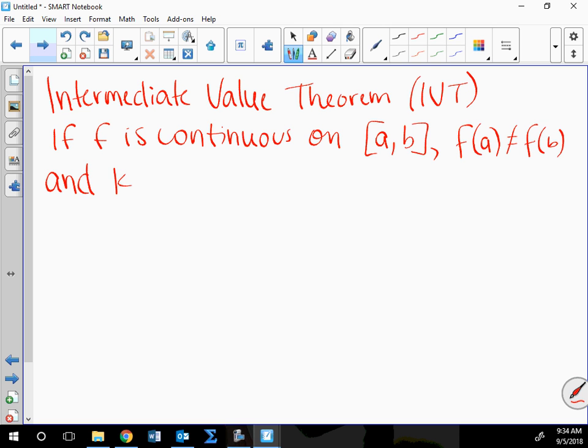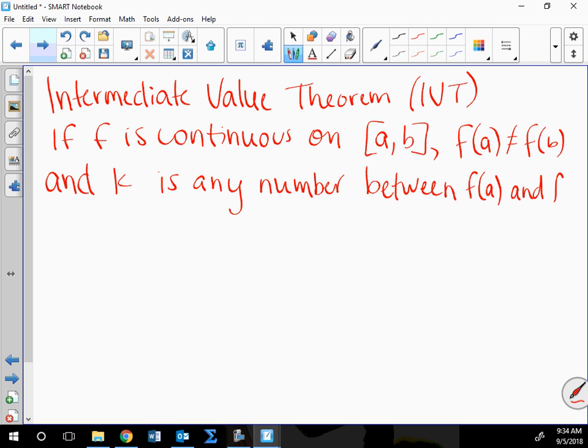If k is any number between f of A and f of B, okay, so we've got two different y heights, and k is some value between those two different y heights.